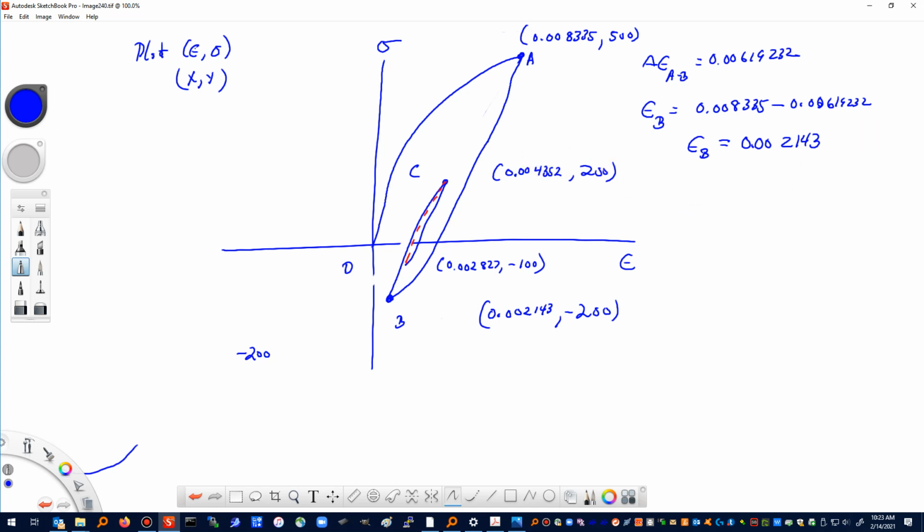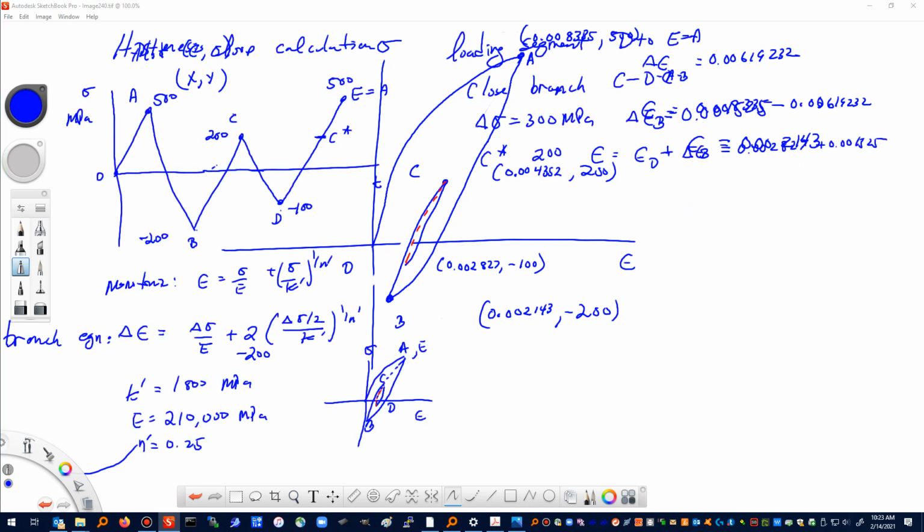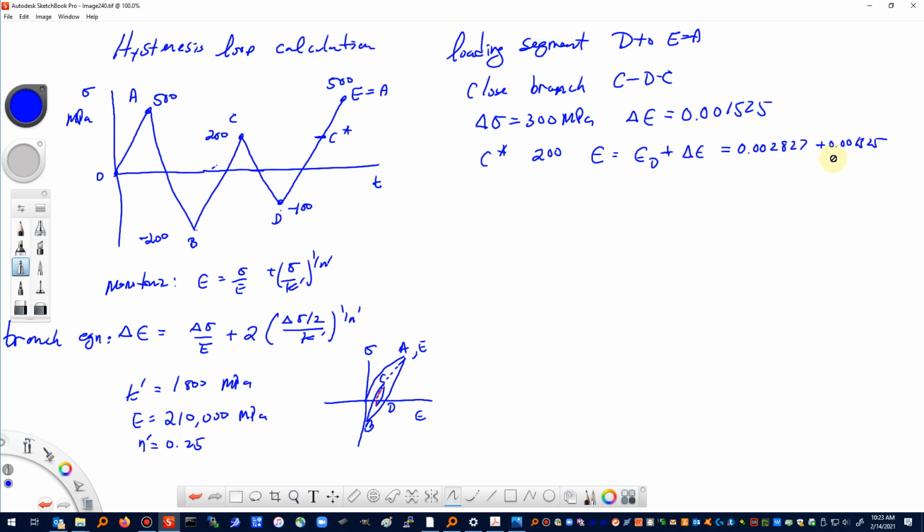And the reason why I caught that as an error is that this point, when I take my epsilon D and add this delta epsilon, should have gotten me back to the same spot, and it does.